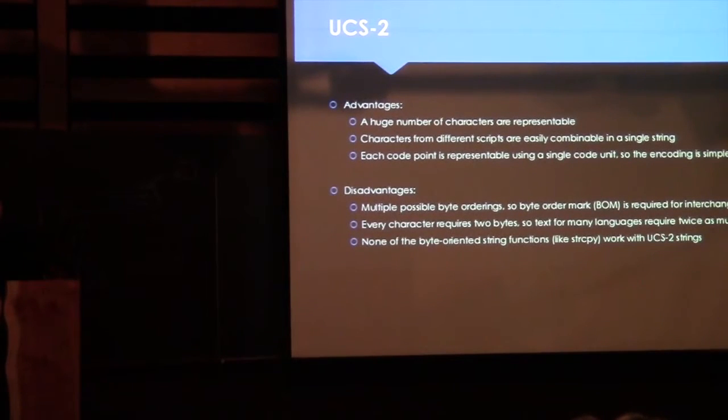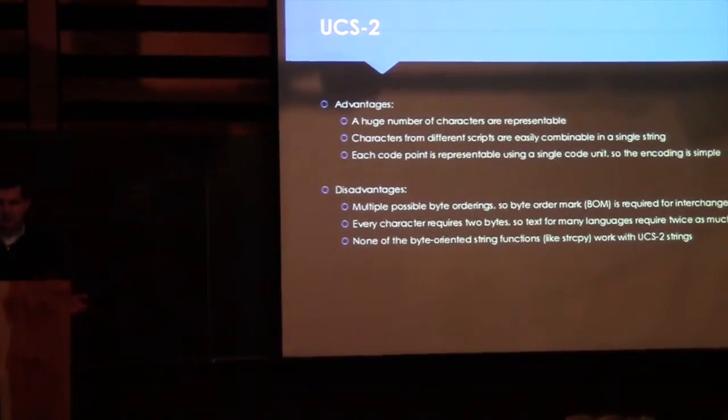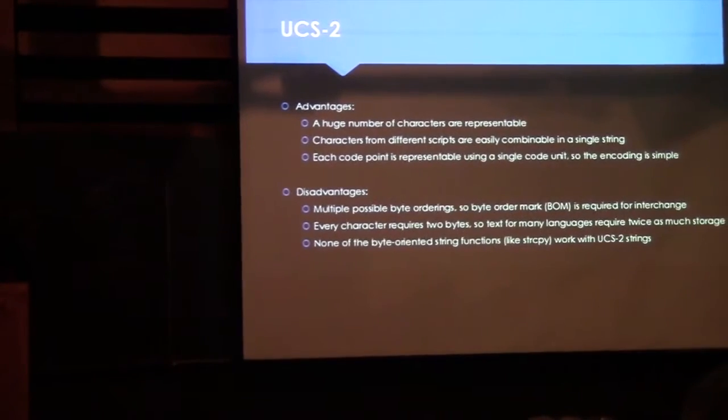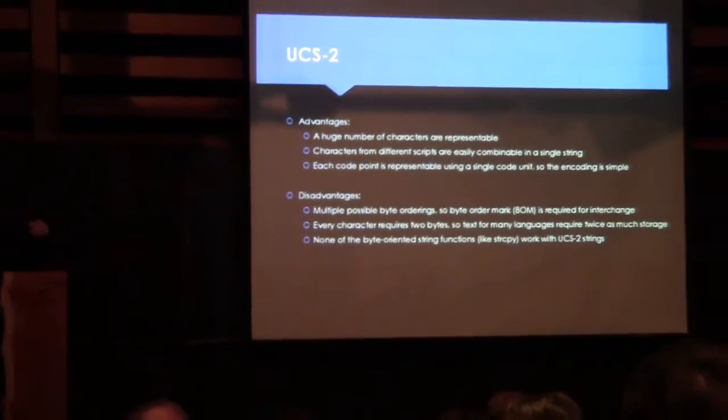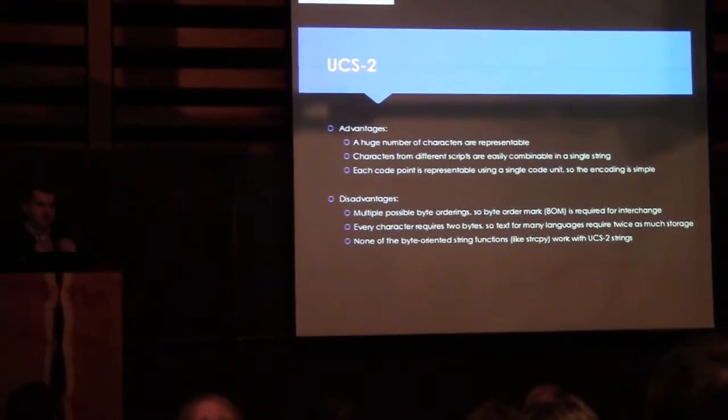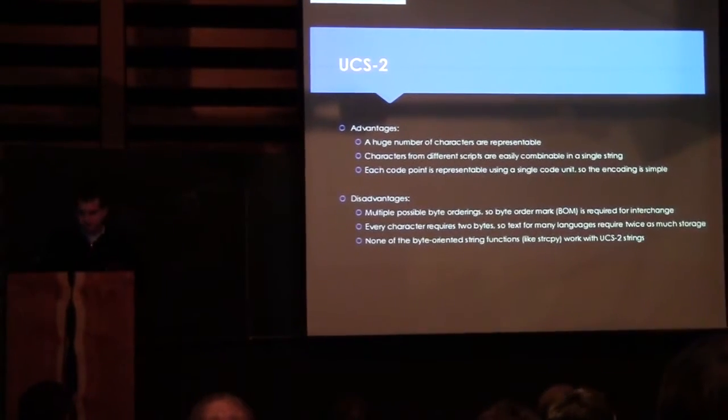Every character requires 2 bytes. So for example, if you're moving from one of the ISO encodings that we looked at before to this, your text is going to be twice as large. And finally, none of the byte-oriented string functions work with UCS2 strings. So you can't use strcpy to copy one of these because, as we saw, the terminator for the string is 2 bytes long.